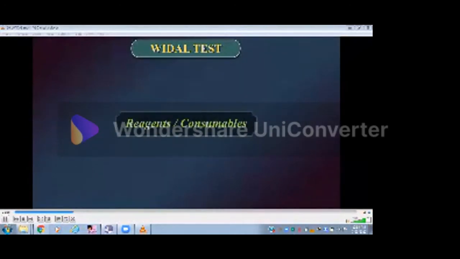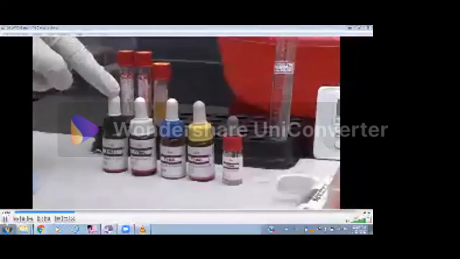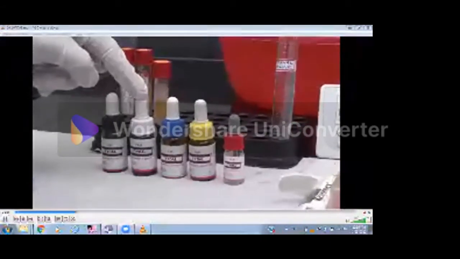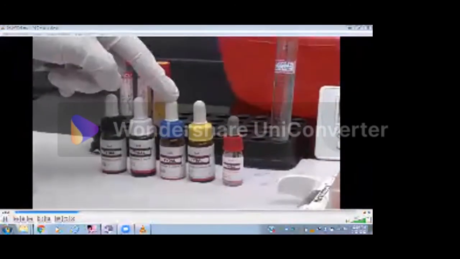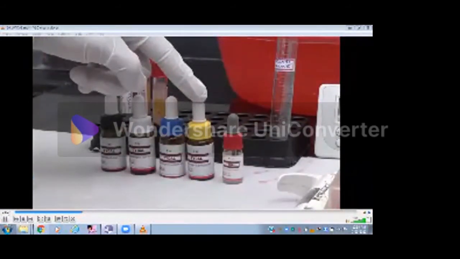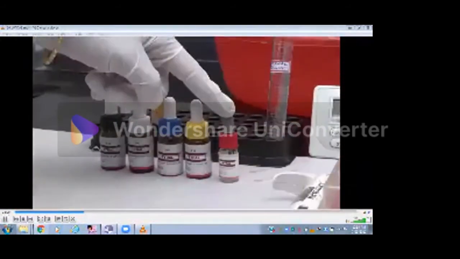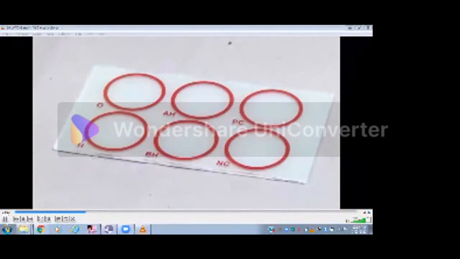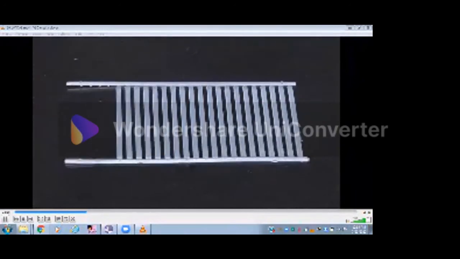Reagents and consumables: Salmonella typhi O antigen suspension, Salmonella typhi H antigen suspension, Salmonella paratyphi AH antigen suspension, Salmonella paratyphi BH antigen suspension, polyspecific positive control, glass slide with 6 reaction circles, applicator sticks.